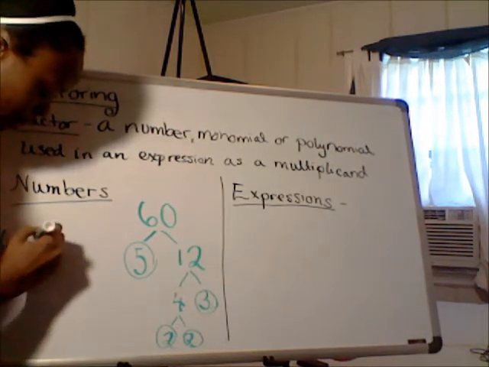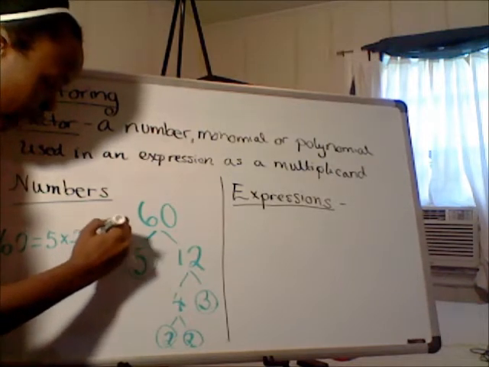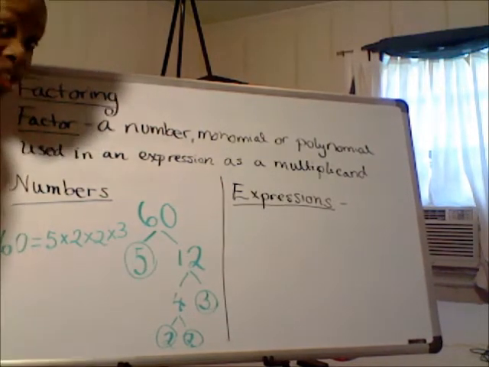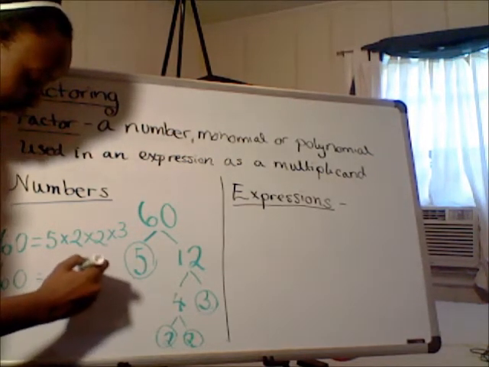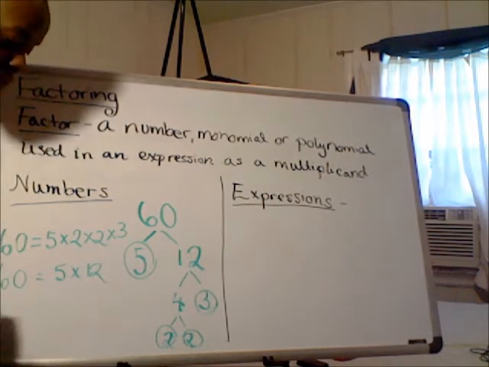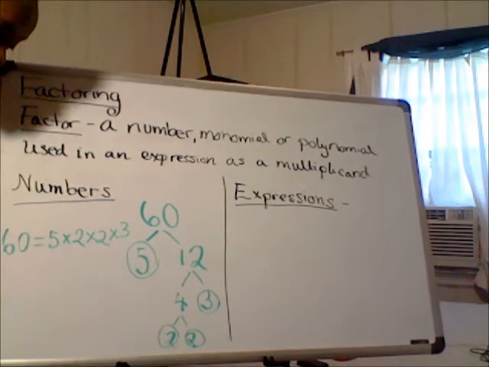So if I wanted to write out the prime factors of 60, it would be 5 times 2 times 2 times 3. Now if I just wanted regular factors of 60, it would be 5 times 12 or what have you. Sometimes it's very helpful to find the prime factors of a number.